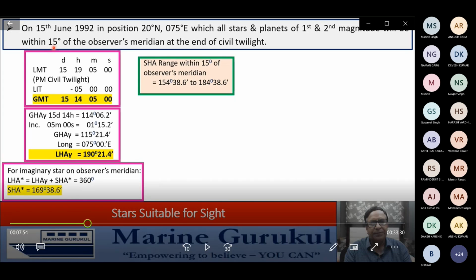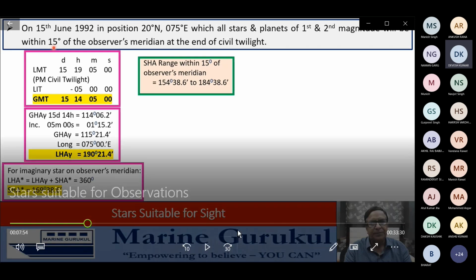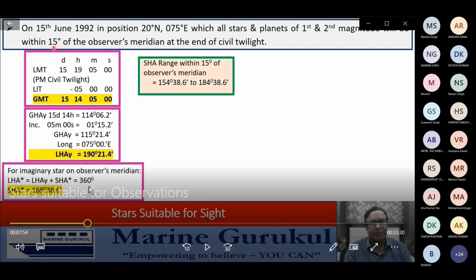Correct, measured westwards. Now if the body is on the observer's meridian, what will be its LHA? Both the meridians are the same. The observer's meridian and the body's meridian are the same. So what will be its LHA? It will take the complete circle, 360 degrees. Yeah, you can keep it as 0 also. If you want, you can put a 0 value here or you can put a 360 value here.